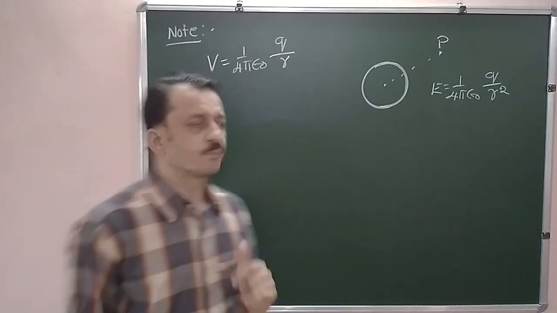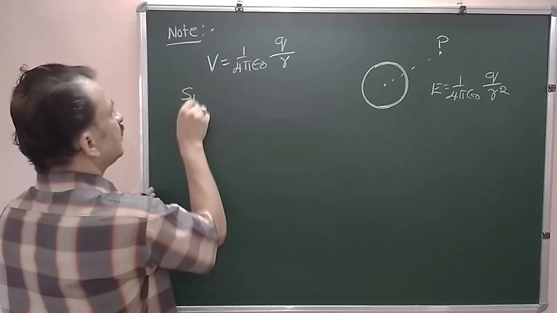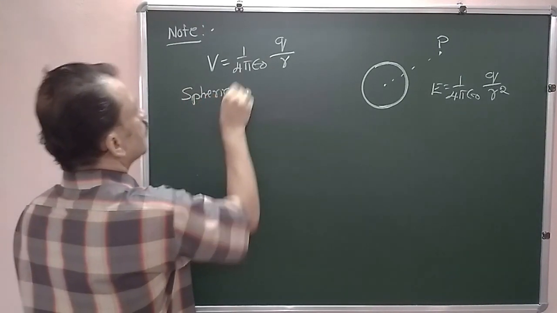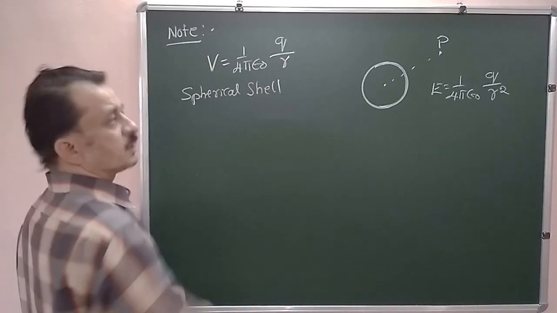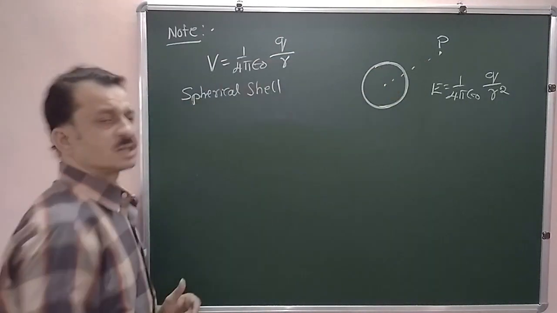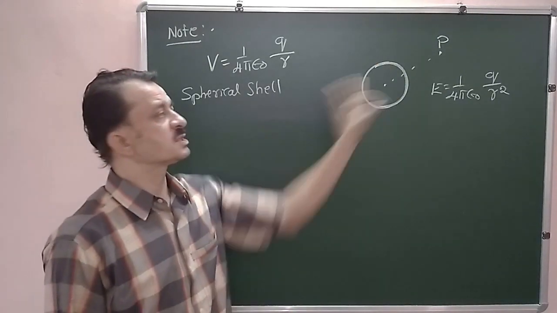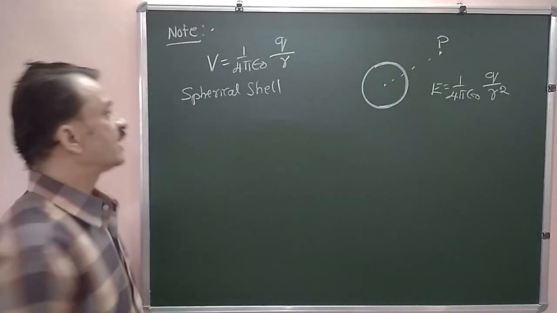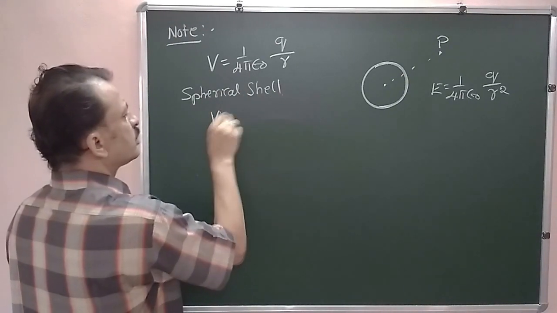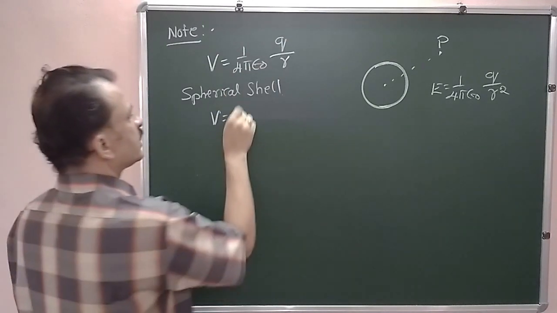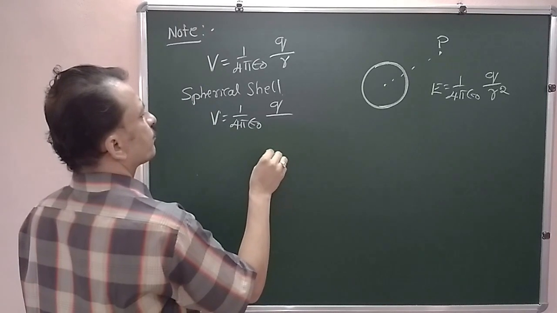So both are the same. In the same manner, in the case of a uniformly charged spherical shell, the potential at the point P due to the shell will remain the same by assuming that all the charges are concentrated at the center. So for a spherical shell, the potential at any outside point is the same as the potential due to a single charge.